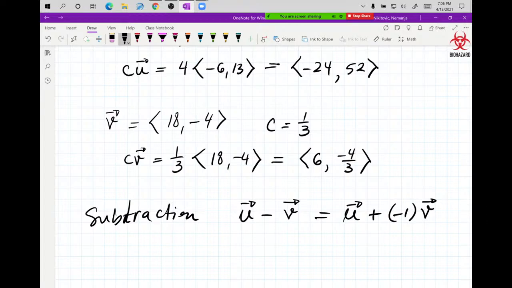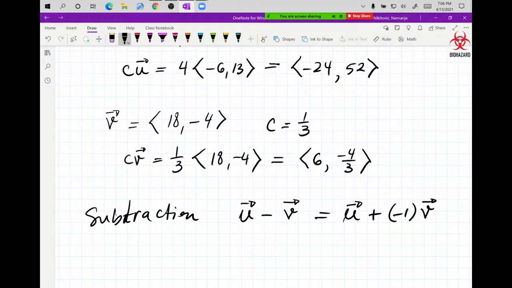So the opposite of the vector, right? That's what we have. What it does is just turn the vector around, in a different direction. It's still the same vector, but it has a different direction to it.